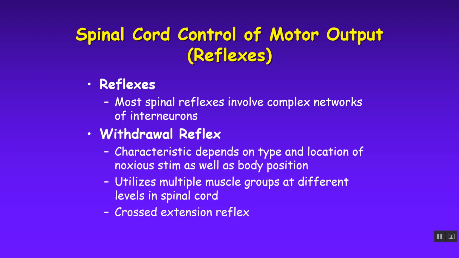stimulus. The interesting thing about this reflex, it will vary sometimes depending on where the stimulus is located. So if it hits the bottom of my hand and I'm like this in a weight-bearing position, I'm going to pull maybe straight back, but I also might put this hand down to keep myself from falling over, depending if I'm really bent over. That's the cross extension part of it.